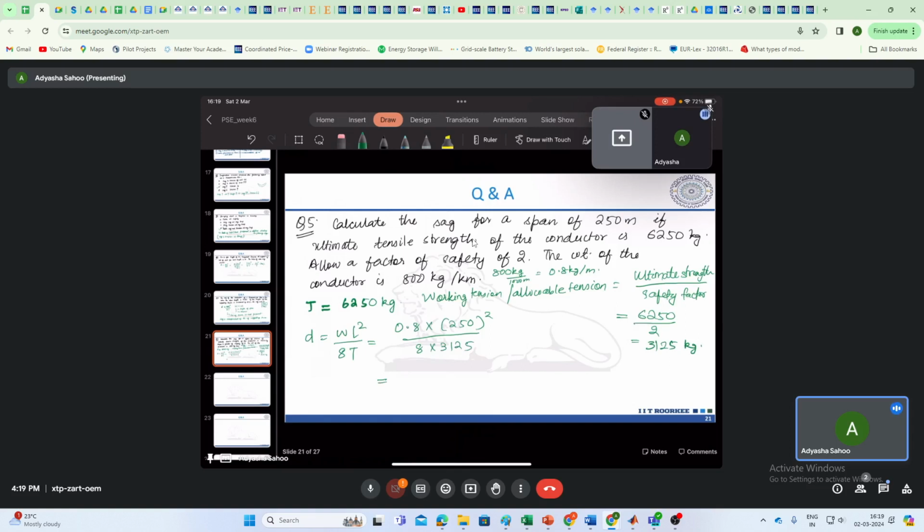Because this was in meter, this was in kg, this is in kg per meter. So that comes out as 50 by 2 meters.